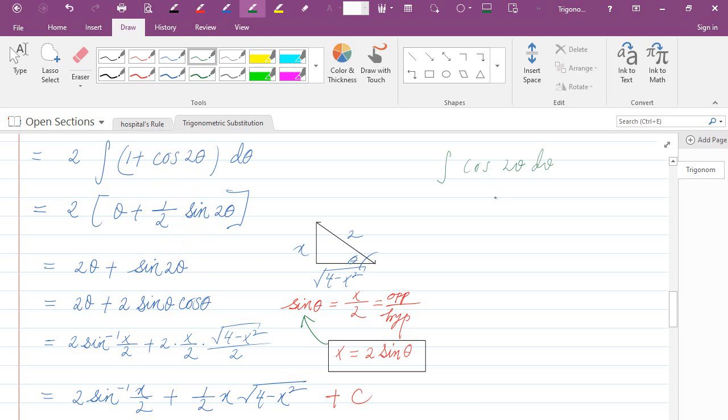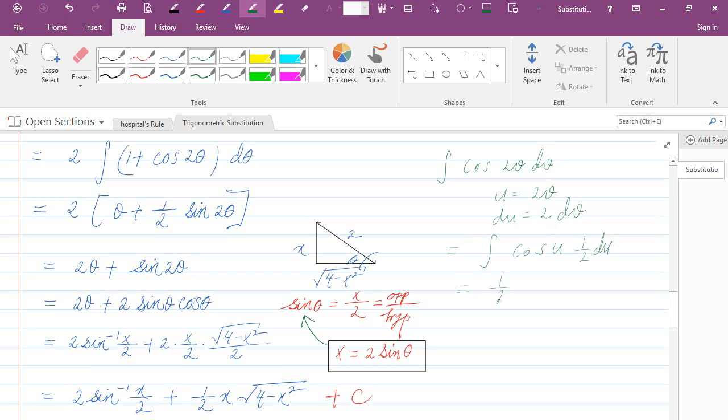what you could do is you can take u to be 2 theta, and then du would be 2 d theta. And so if you make the substitution, what you get is cosine of u, and then d theta would be half of du.